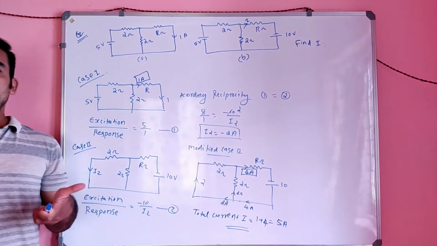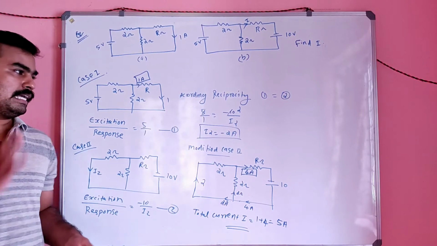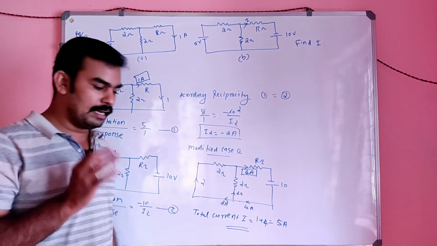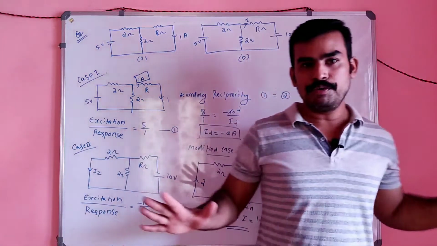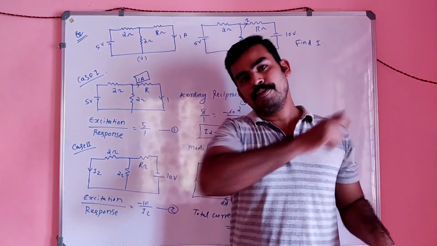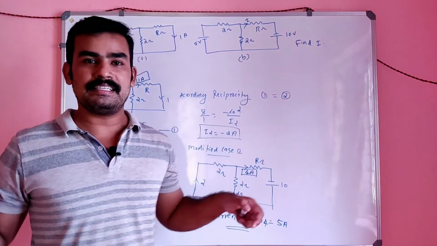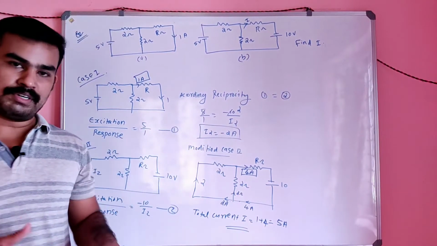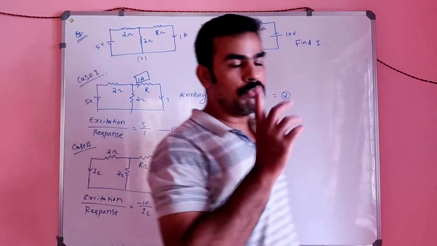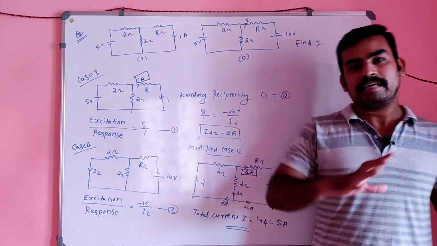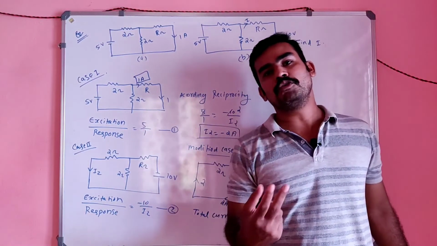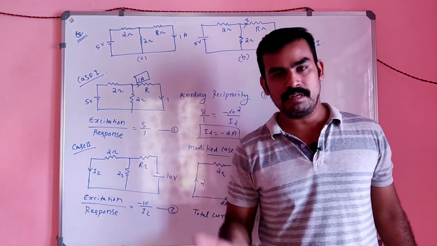I'm going to say a clear-cut thing. Electrical and electronics engineering, the full subject, contains all the subjects: machines, power systems, all of that. You can't clear it within a span of 1 month, 2 months or 3 months.